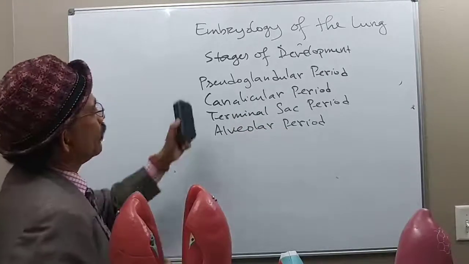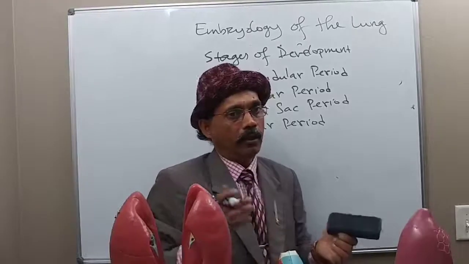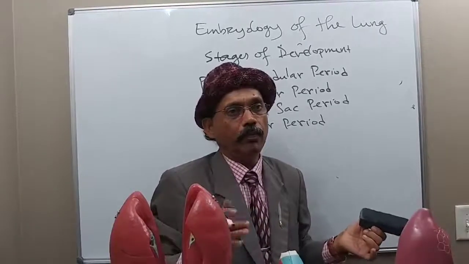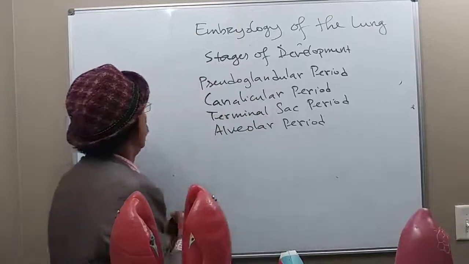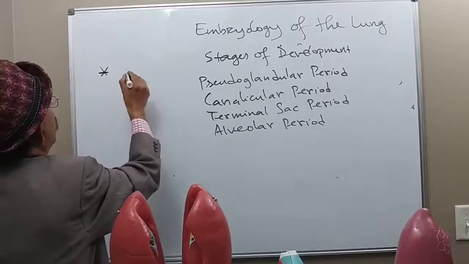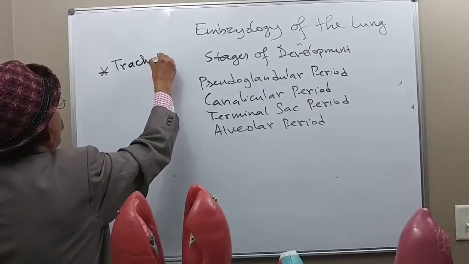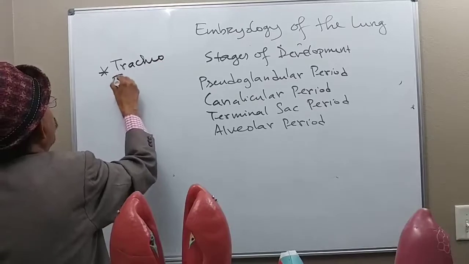Okay. So development may not always be sound. We may have anomalies. Regarding fissures, there is always some variation, but the most common and disturbing anomaly is the tracheoesophageal fistula.